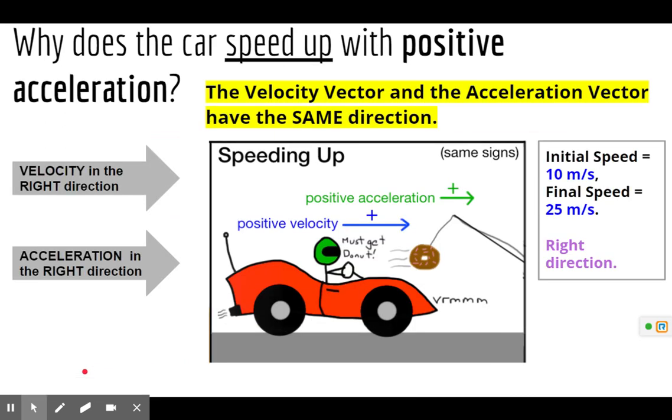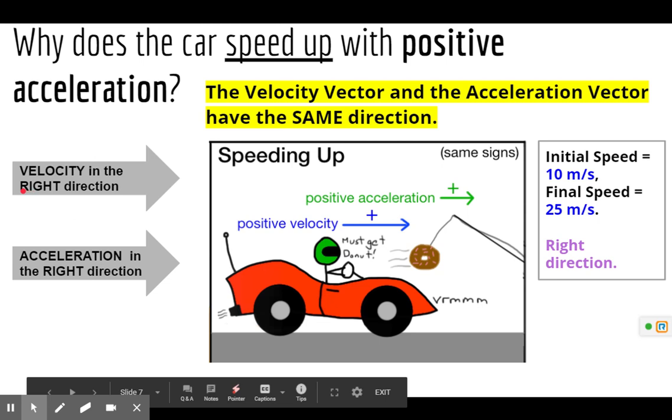Why does the car speed up with positive acceleration? Well, we have to go to the vectors to understand this. The velocity vector and the acceleration vector have the same heading. They are in the same direction.